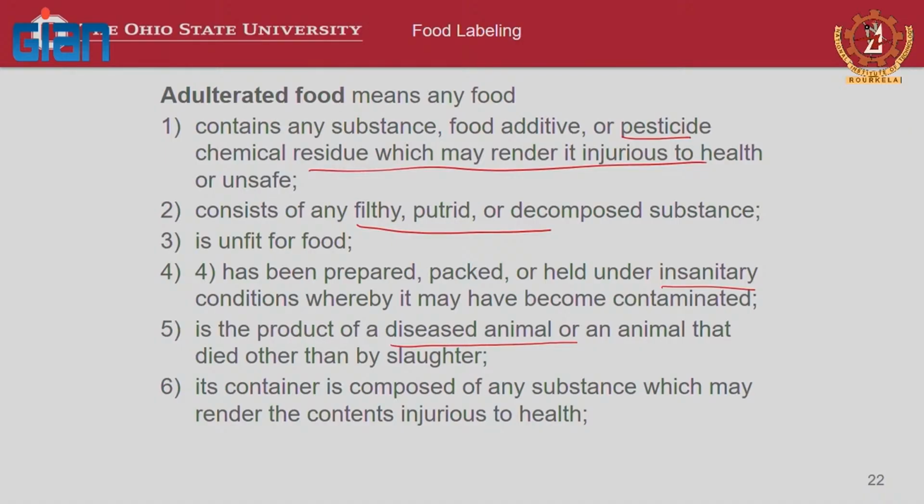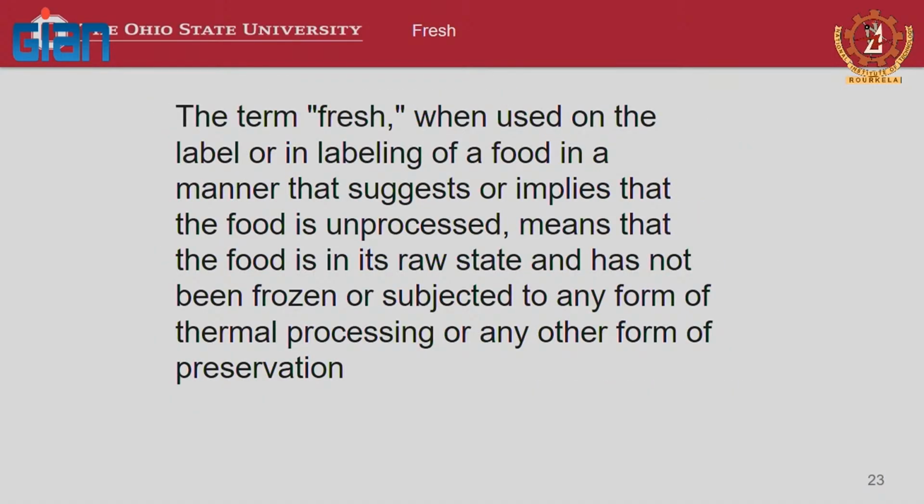Anytime it creates something not good for people, FDA can come after you because you are adulterating your food. Even though you may not know, these are considered adulteration in food processing.